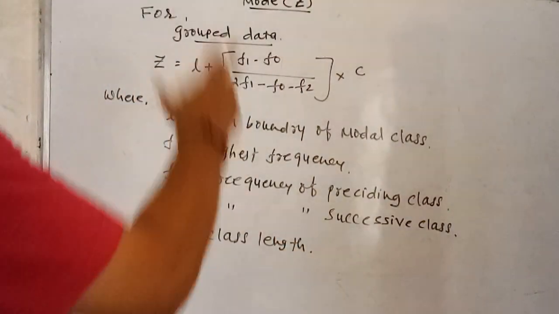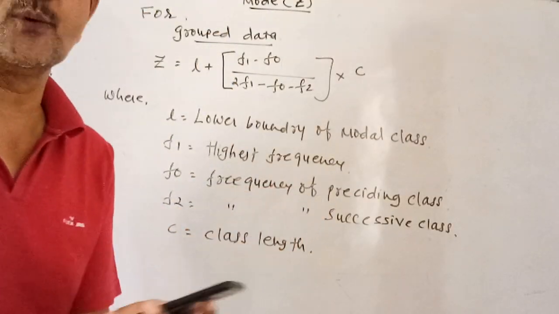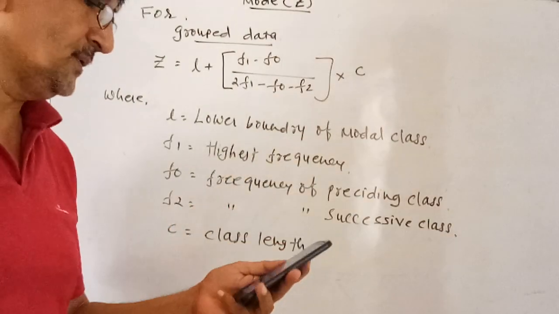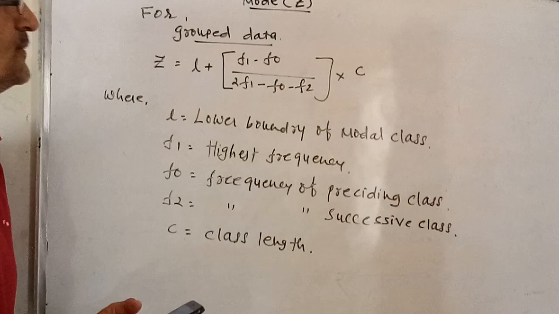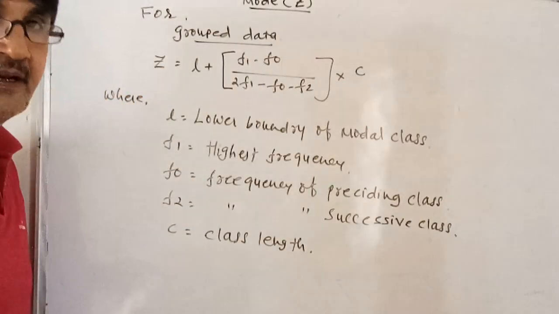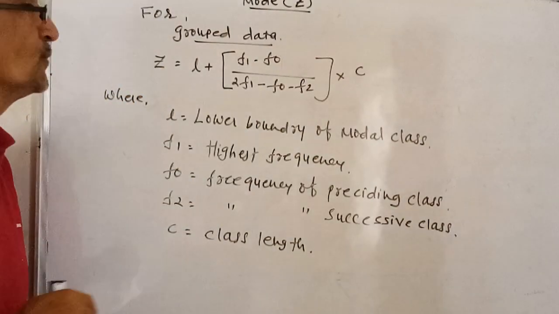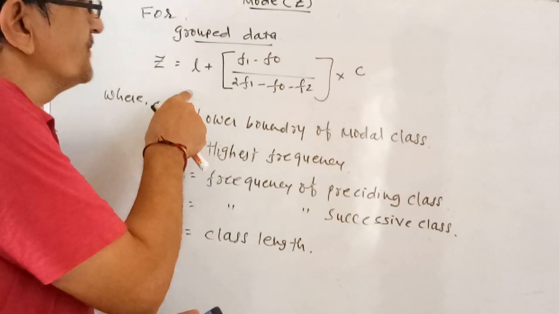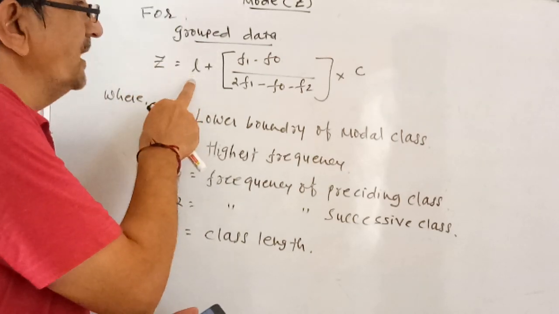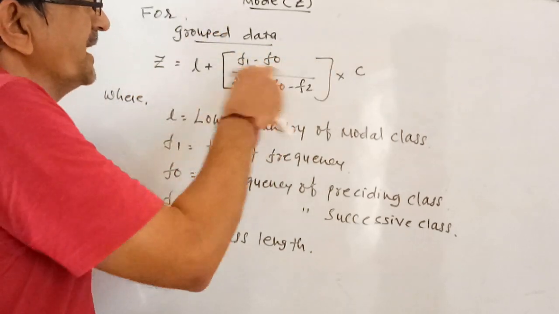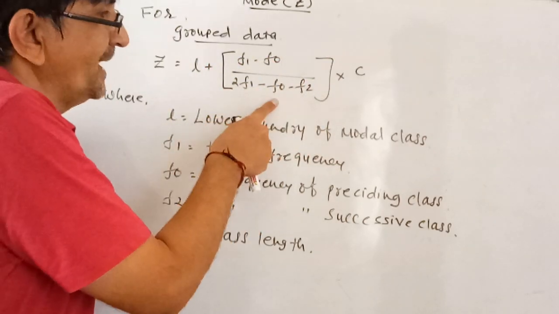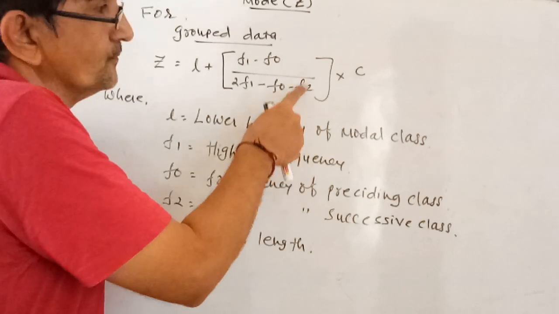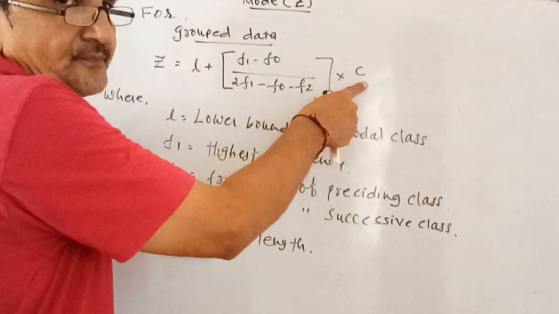Okay. So write down all these things. It is given in your textbook also. I have a soft copy of your textbook here. So this is about the formula. To find out the mode of a grouped data, this is the formula. Z is equal to L plus into bracket F1 minus F0 upon 2F1 minus F0 minus F2 bracket over into C. Okay.